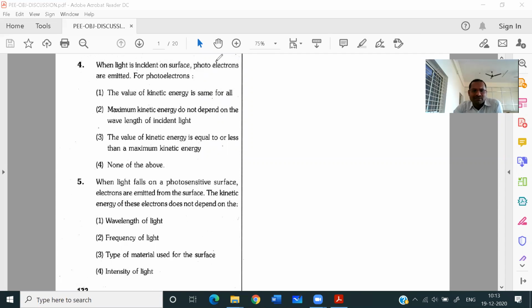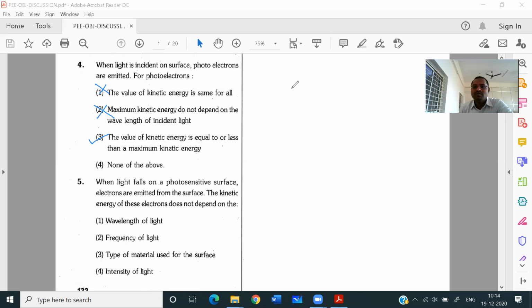For these photoelectrons, first thing, value of kinetic energy is the same for all. No, we can't say this. Next, maximum kinetic energy does not depend upon wavelength of incident light. No, wrong it is. Next, value of kinetic energy is equal to or less than maximum kinetic energy. Yes, it is the correct answer.